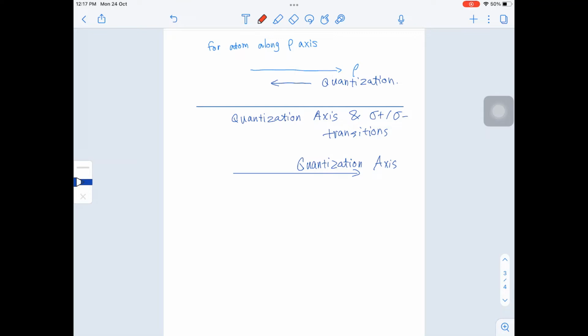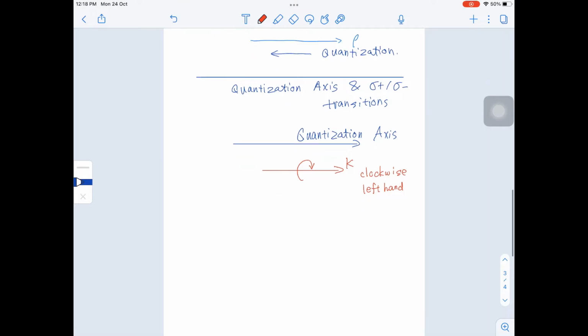Let's say you have the laser propagate along your quantization axis, and it is clockwise. It is a clockwise polarization, which is left-hand polarized. That means the rotation of your electric field is in this way, and this drive sigma plus transition.